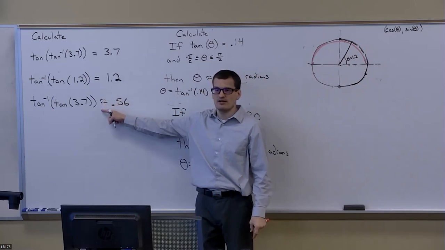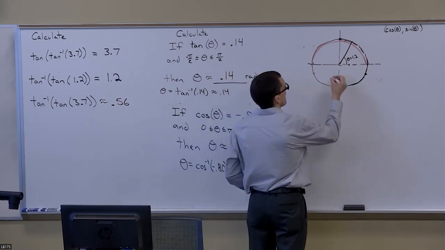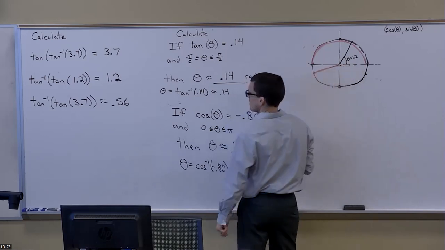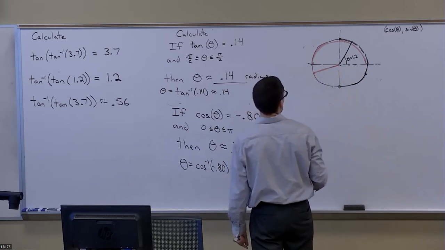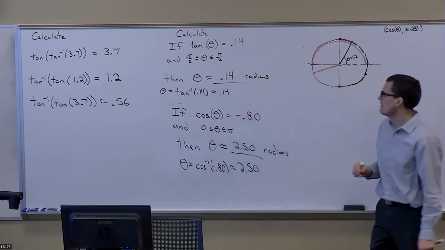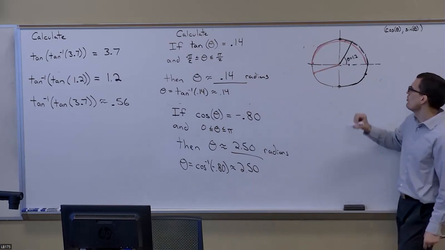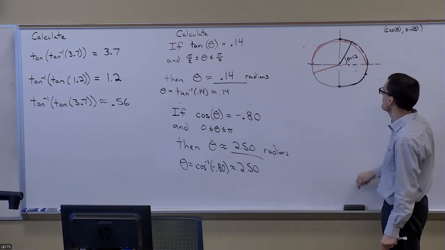That's different over here. 3.7 is an angle in the third quadrant. That makes sense. Let me rephrase this.